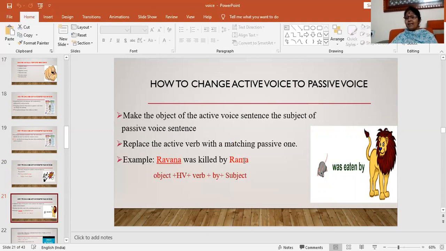By is added: by Rama. So our formula is object plus helping verb plus by plus subject. When you change it, right? The object will come first and the subject will go next. See, even in this picture you see, rat was eaten by lion, right? So this way you can change.